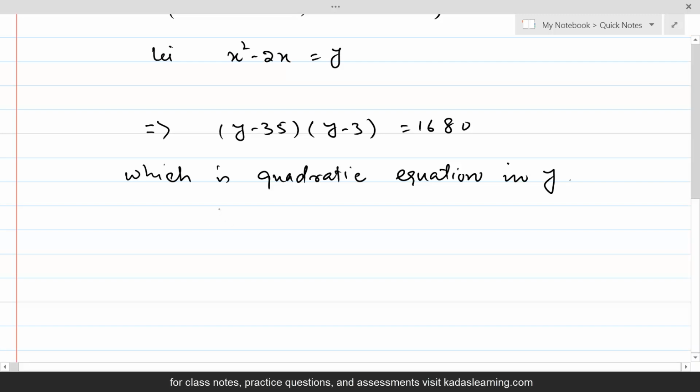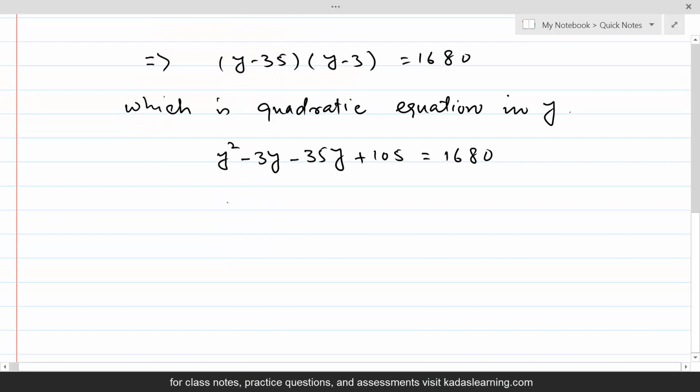In order to bring it into standard form, we'll multiply on the left hand side. This will give us y squared - 3y - 35y + 105 = 1680. So this gives us y squared - 38y + 105 - 1680 = 0.